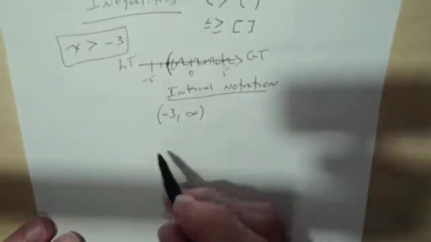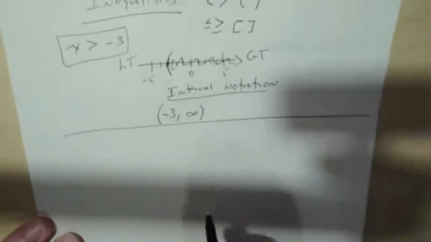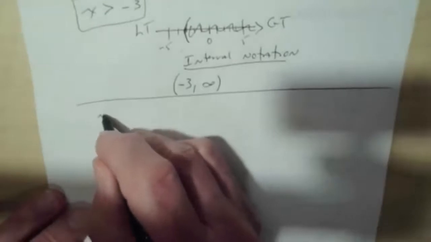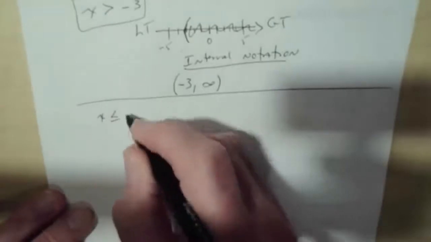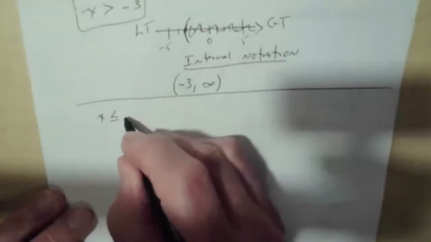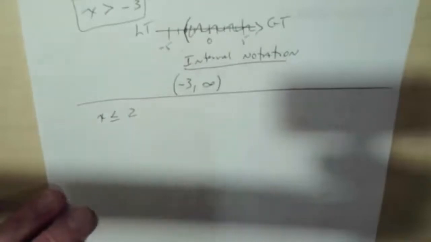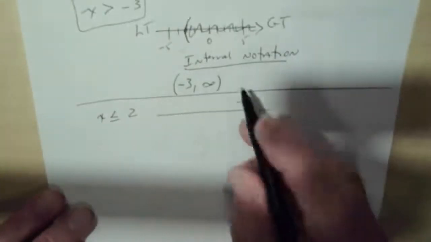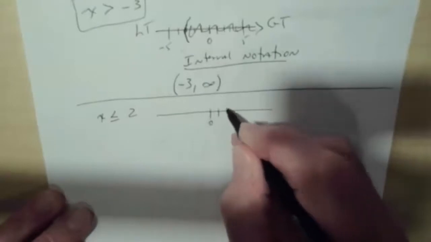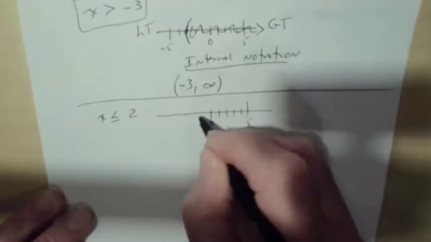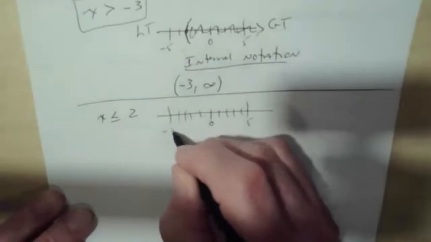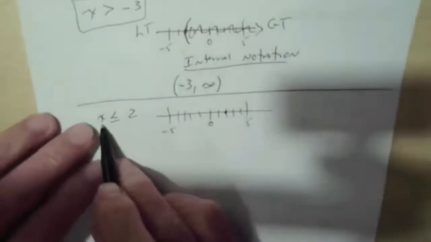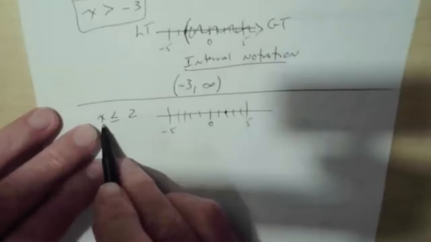Now, what if we have that x is less than or equal to 2? First of all, let's graph it. 0, 1, 2, 3, 4, 5, and 1, 2, 3, 4, -5. 2 is right here. And now x is less than or equal to 2.